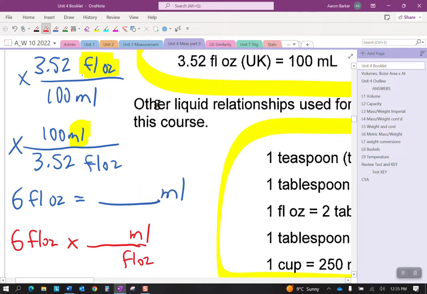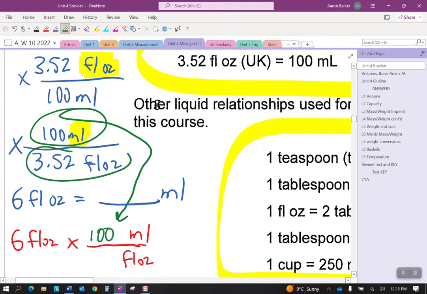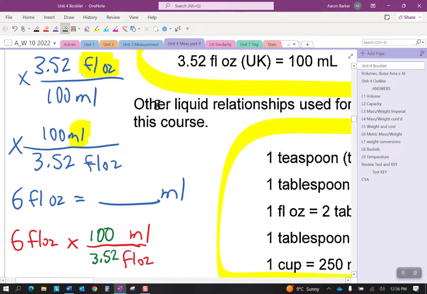Then from your data table, you'll get the numbers. 100 represents milliliters, so it goes on top. 3.52 represents fluid ounces, so it goes on the bottom. And I knew that because I matched up the units.